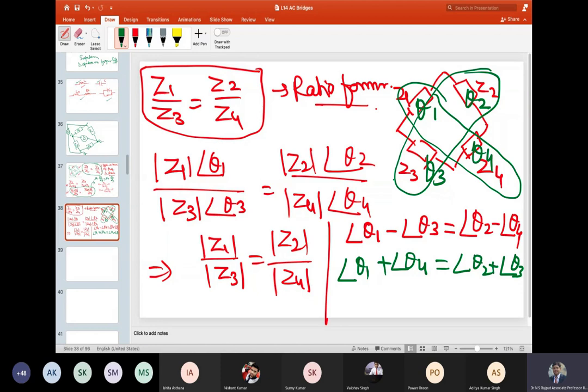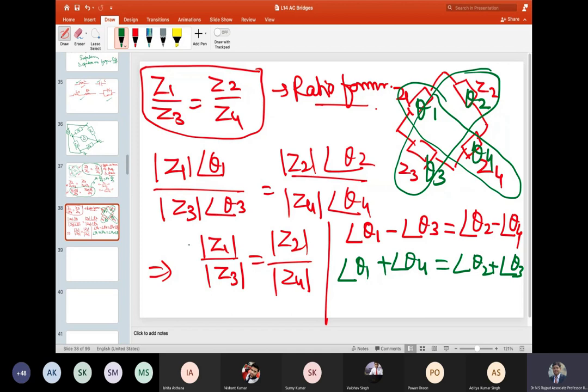So in this way, we get both types of combinations. If you subtract, that can also work. If you add between the opposite branches, that will also work. Similarly, over here you can see Z1 and Z4. So on one side you can add the angles of opposite arms. They should be equal, sum of the angles.